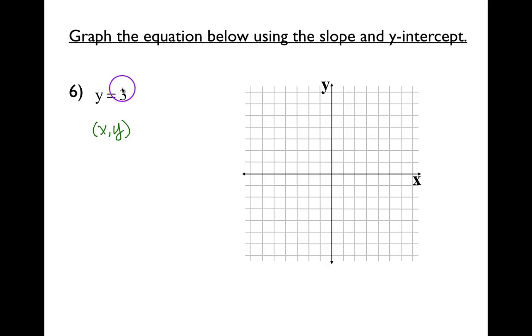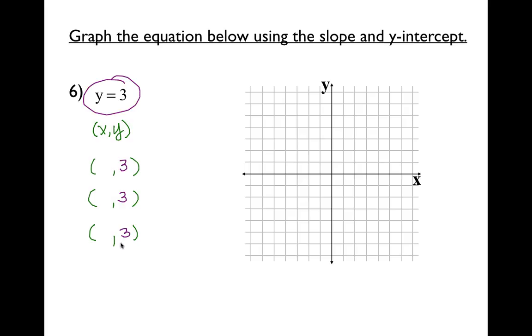So in this case, they're telling you, hey, y is 3. When you're plotting ordered pairs, you at least need 3 points. So I'm going to draw in 3 blank ordered pairs, and I'm going to follow their rule. Their rule is y needs to equal 3.